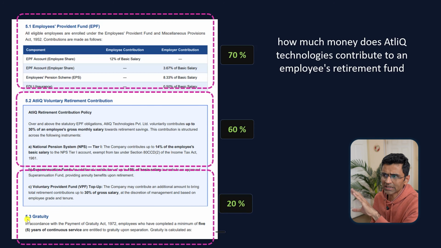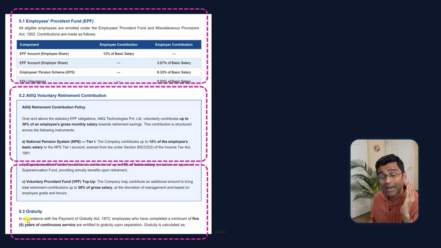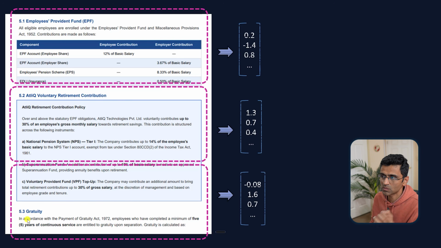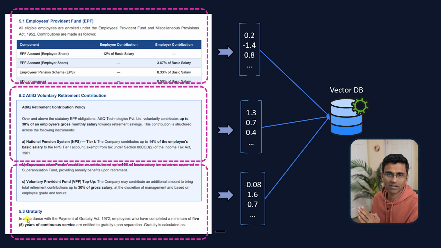Now, how do you exactly find this kind of similarity? There is this concept of embeddings. Embedding is a process of converting text into a vector such that it can represent its meaning. So of all the chunks, you will convert them into vector embeddings, and then you will store them in a vector database.